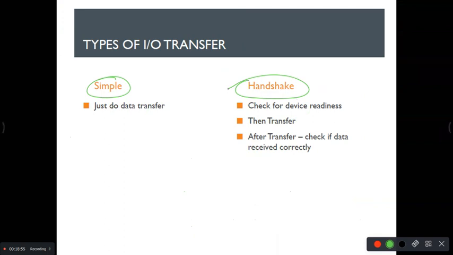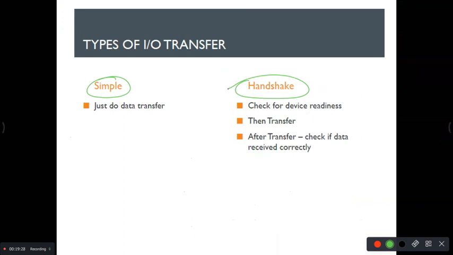So in direct transfer, you just send the data, without taking permission from the microprocessor. Now, handshake. Handshake means first it will check whether the device or microprocessor is ready to take the data. Then transfer. After transfer, check if the data was received correctly.